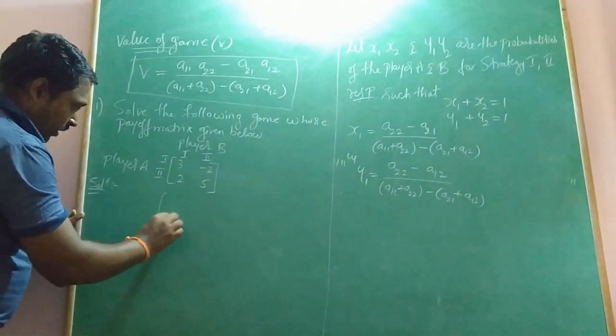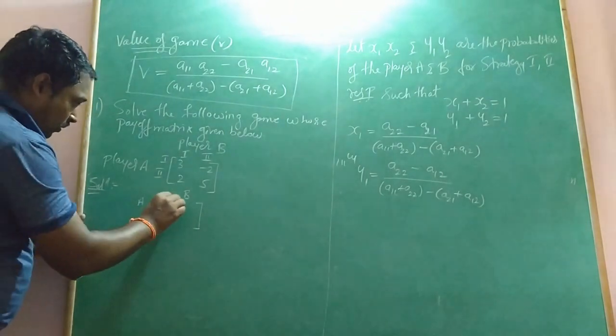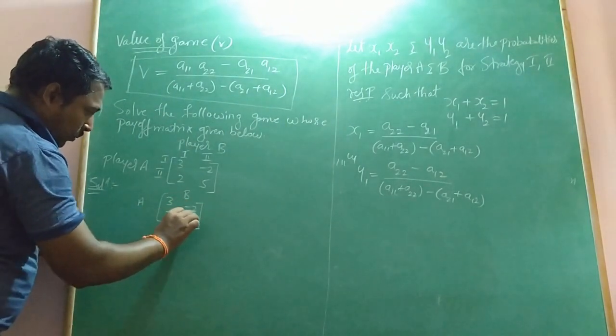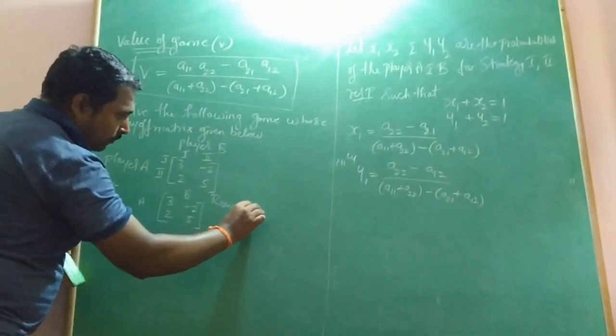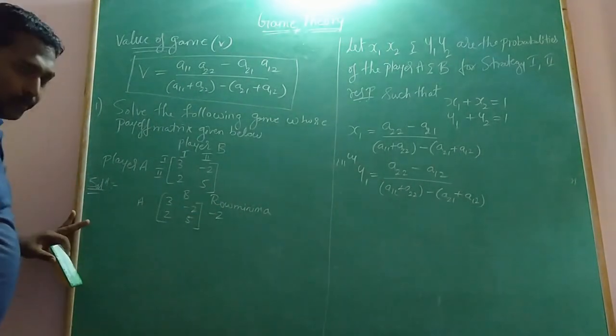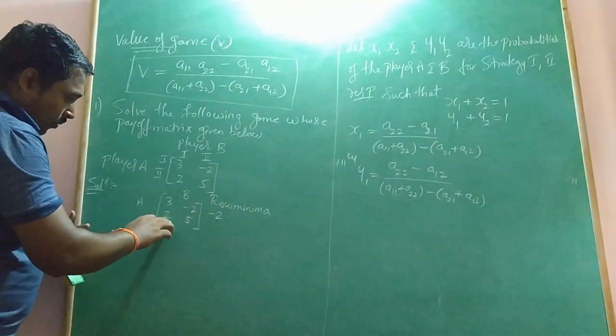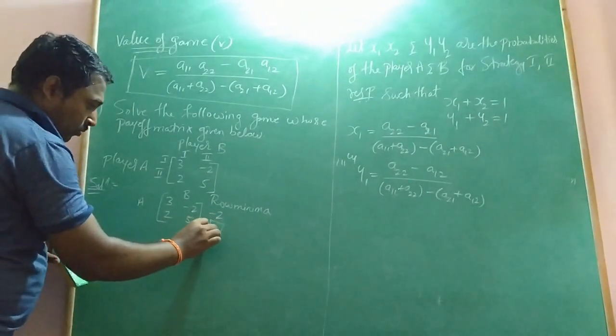We will copy down the same table for player B. This is for player A, you have 3, minus 2, 2, 5. Here you try to get row minima. With respect to the first row, out of 3, minus 2, the minimum is minus 2. In the second row, out of 2, 5, the minimum is 2. Out of these minima, the maximum is 2.